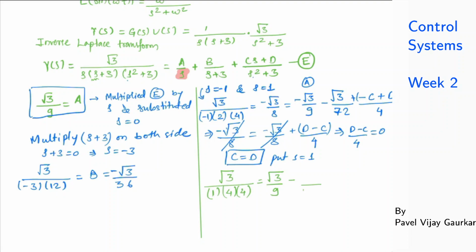So 4 into 36 is 144 under root 3, and here we have plus c plus d over 4. So when we solve this, we will end up getting c plus d is equal to minus under root 3 by 6, and when we substitute c equals d, we have c equals d equals minus under root 3 by 12.